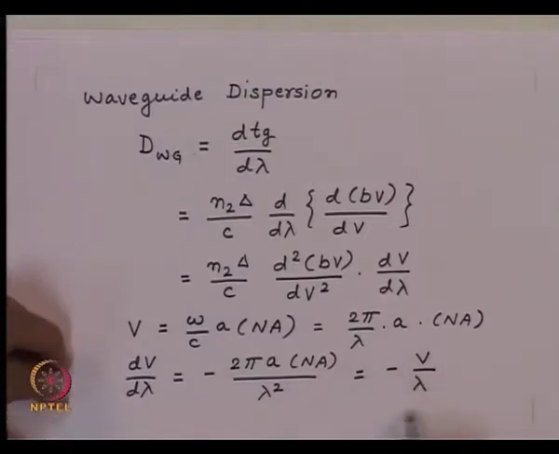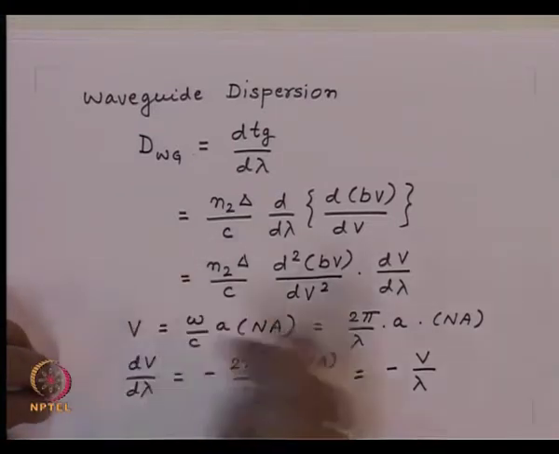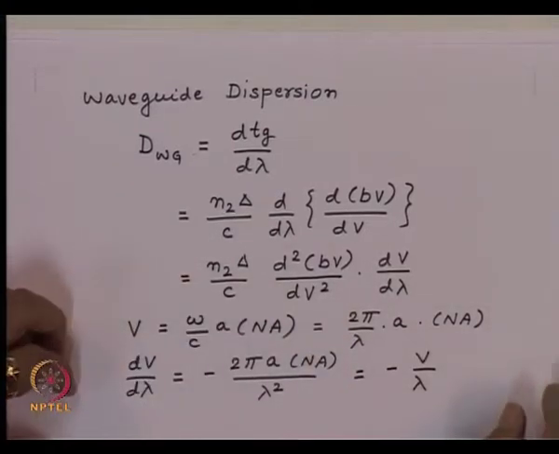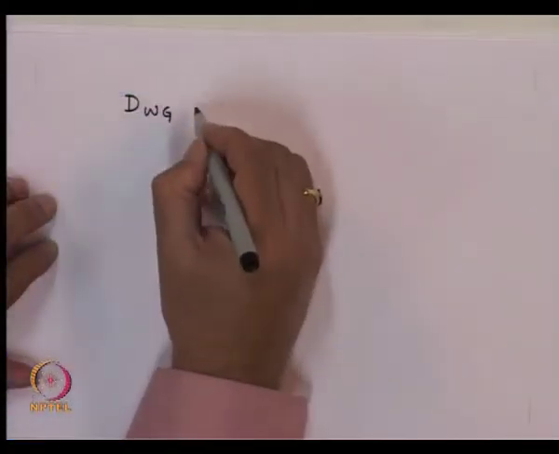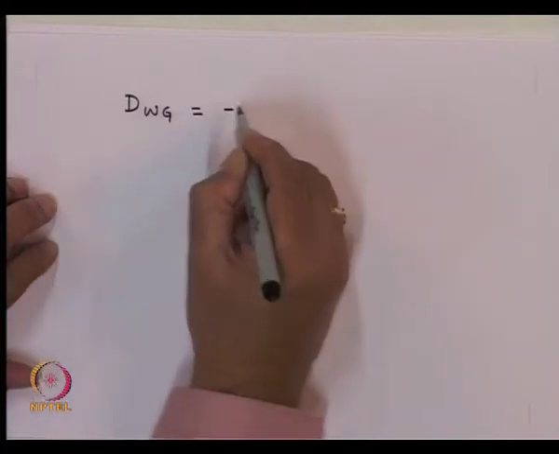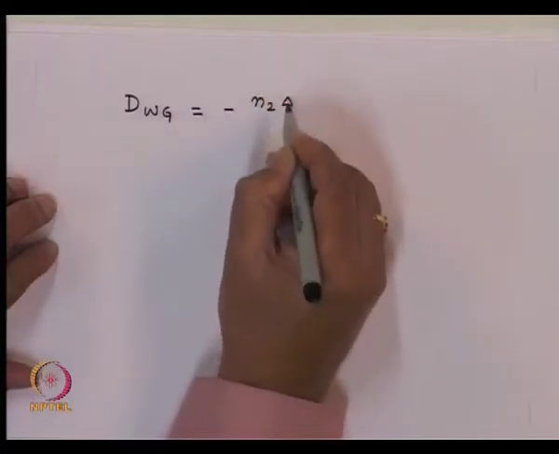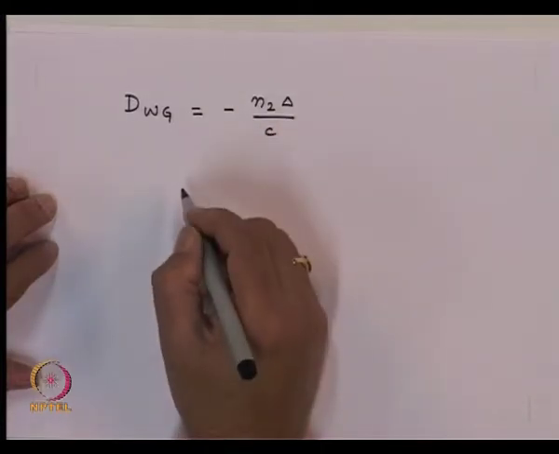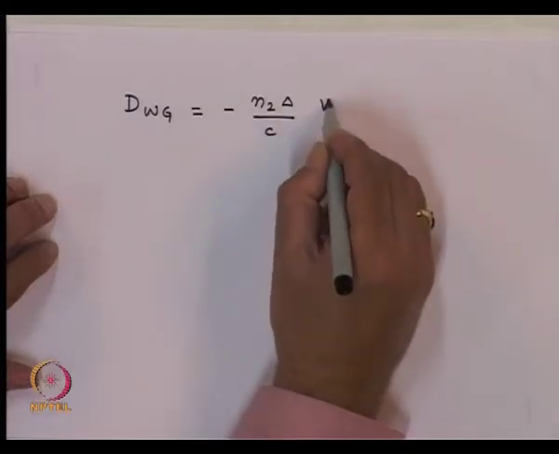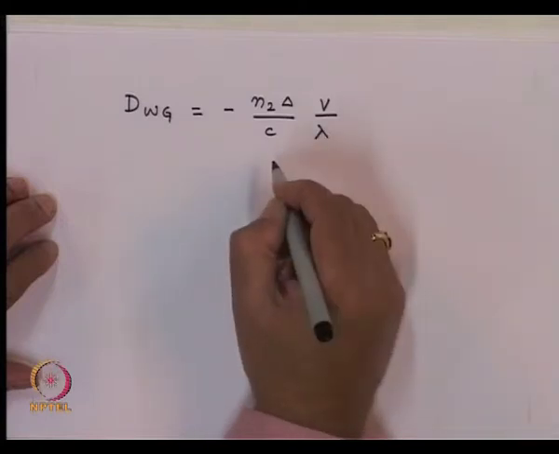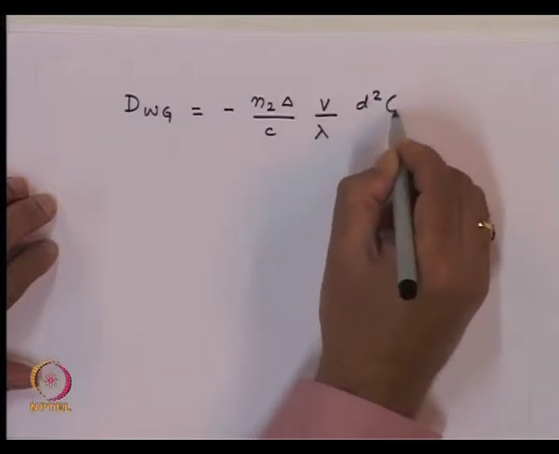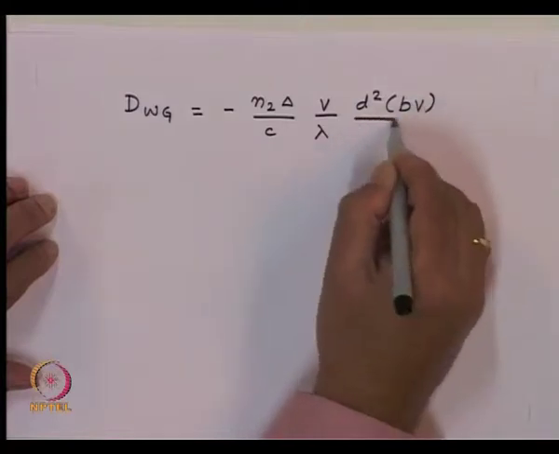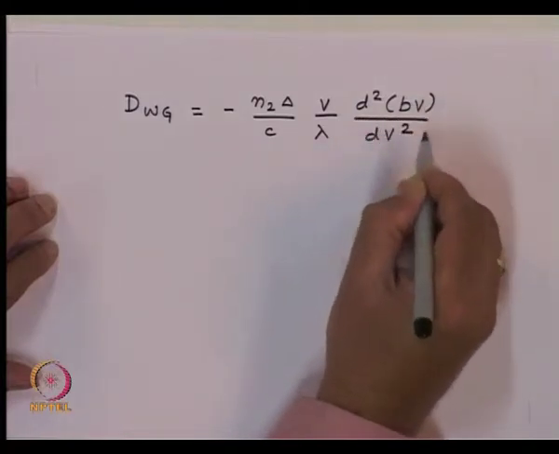So we can substitute now this quantity into this. We get what is called the waveguide dispersion in terms of this BV diagram parameters. So we get dWg, that will be equal to minus N2 delta upon C, V upon lambda, d2 bv upon dv square.